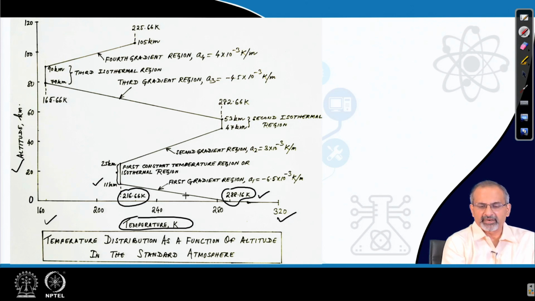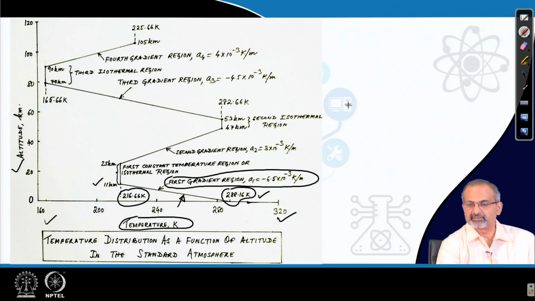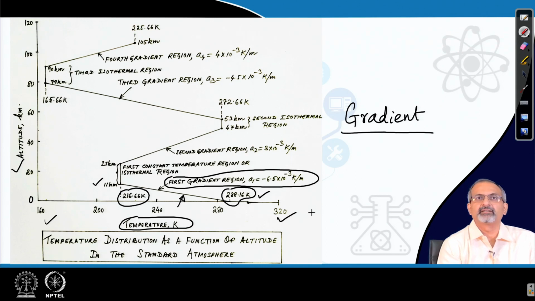This is a region where the temperature is decreasing linearly. This is defined as the first gradient region. So, we have a gradient of temperature within the atmosphere, and therefore, it is a gradient region.